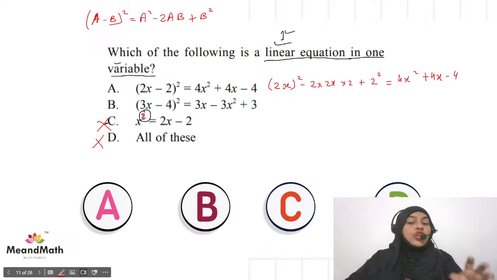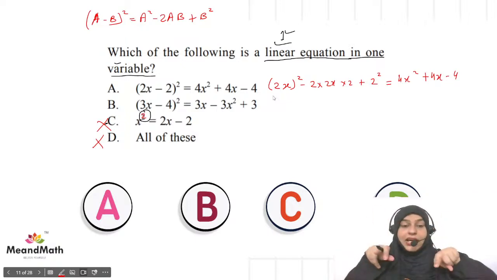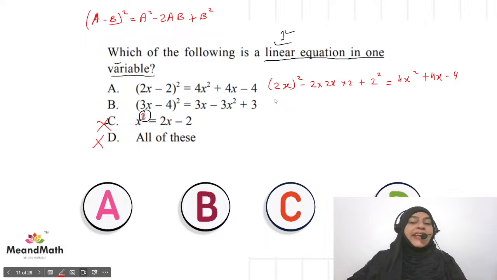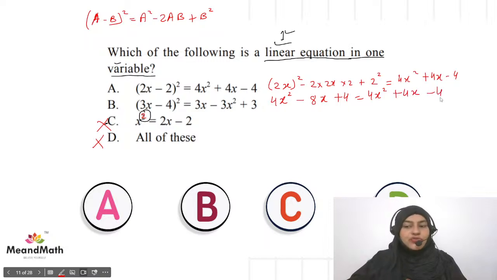Very good. So (2x) square. So there is a square on 2x. That means a square on 2 and a square on x also. So it will be 4x square. Now when you are multiplying 2 times 4, 4 times 2, it is 8x plus 4, which is equal to 4x square plus 4x and minus 4.